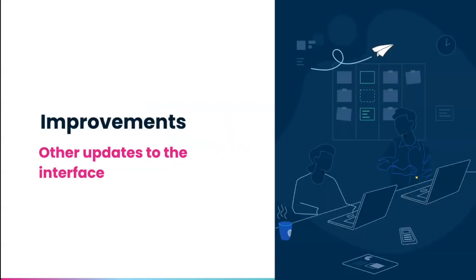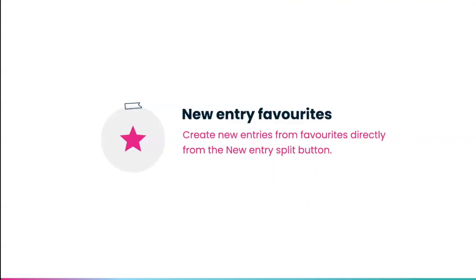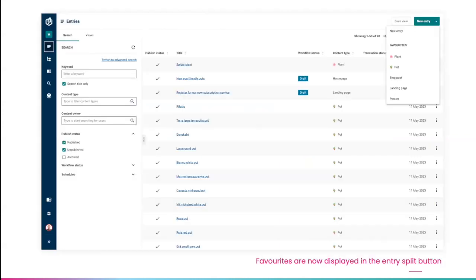Every Contensis release, we look to introduce improvements across the interface, and this release is no exception to that rule. The first thing we've done: in 15.4, we started to surface different favorites across the Contensis interface. Well, we've just extended this slightly for when you create new entries.